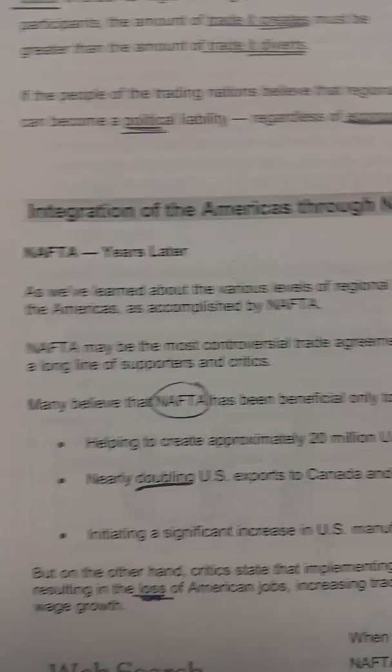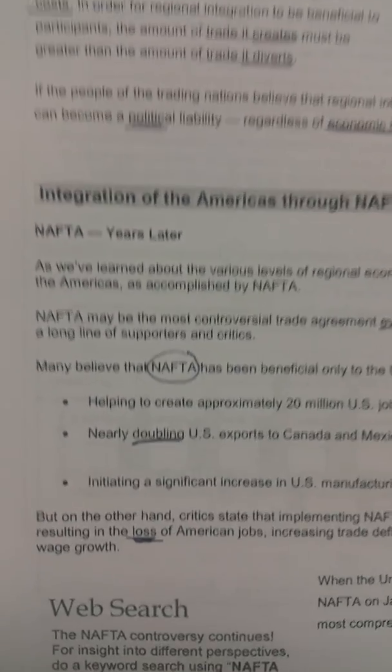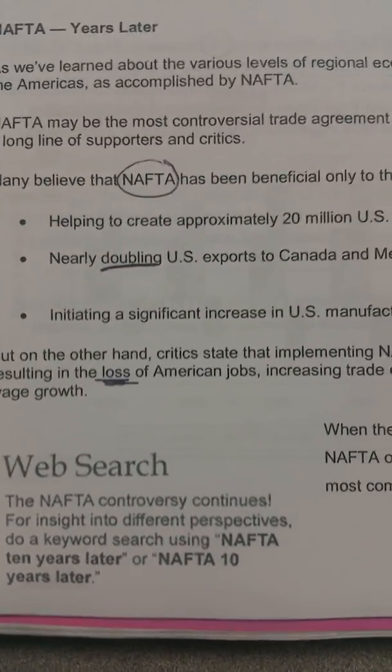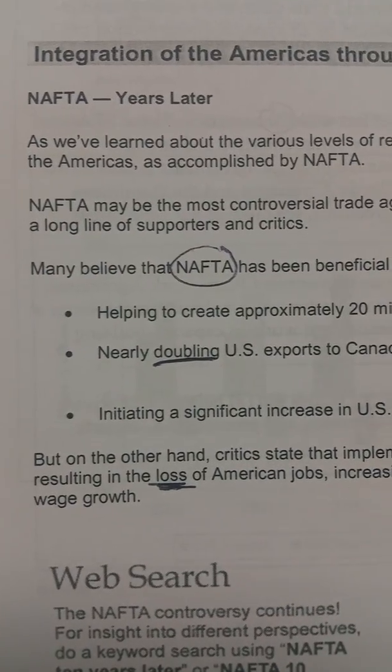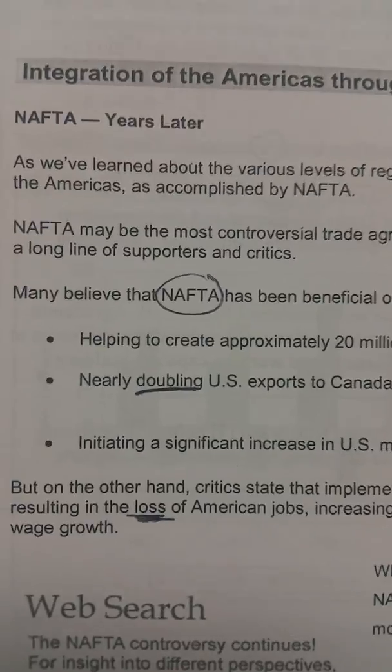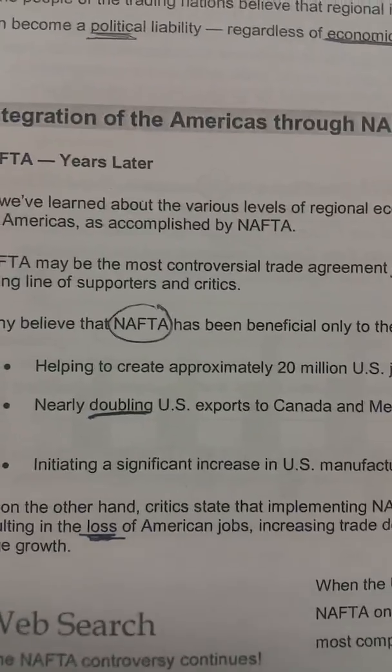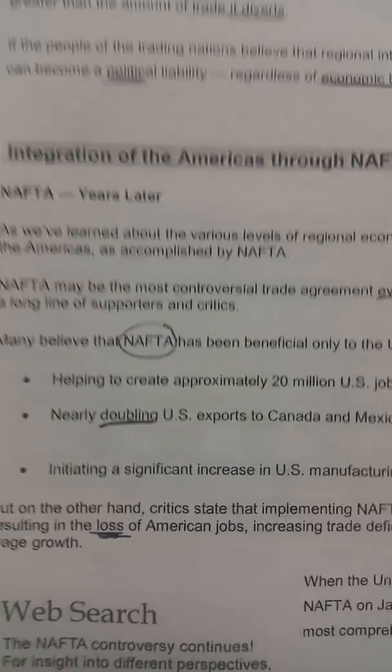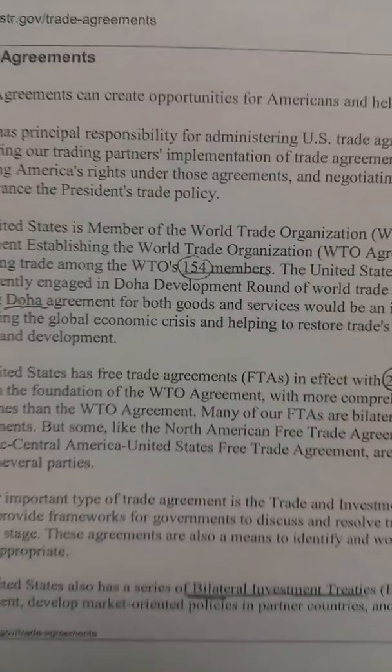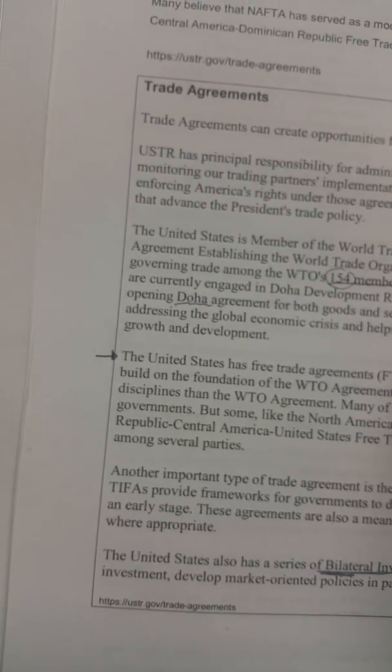Well, you should talk about the advantages of NAFTA. NAFTA was created in 1994 under Bill Clinton. It was supposed to help with the trade agreement between Mexico, the United States, and Canada. Mostly it really benefited Mexico and Canada, because Canada already was trading more before the agreement.